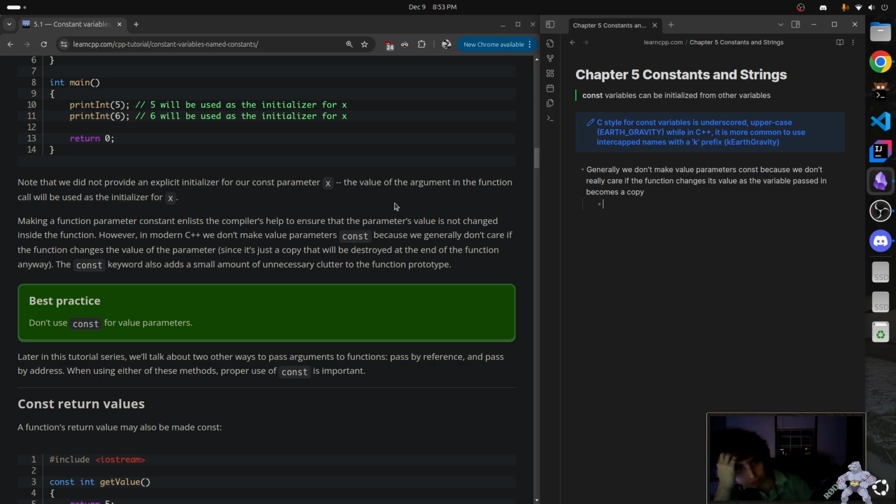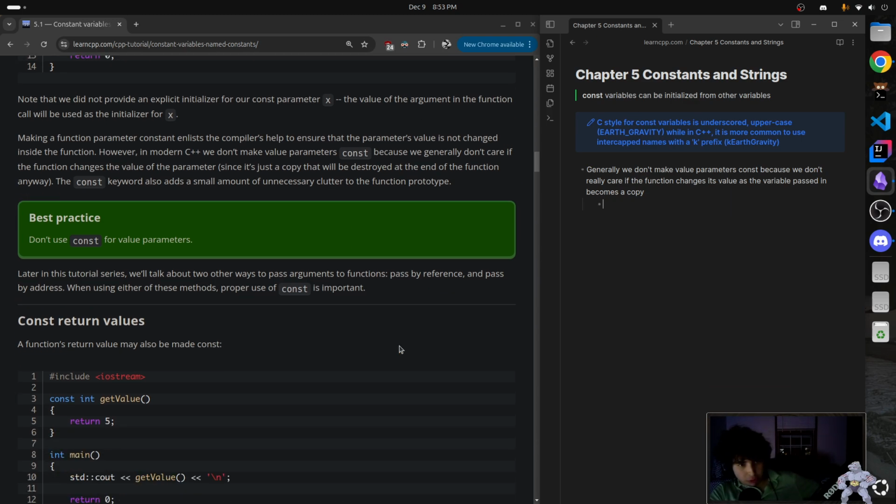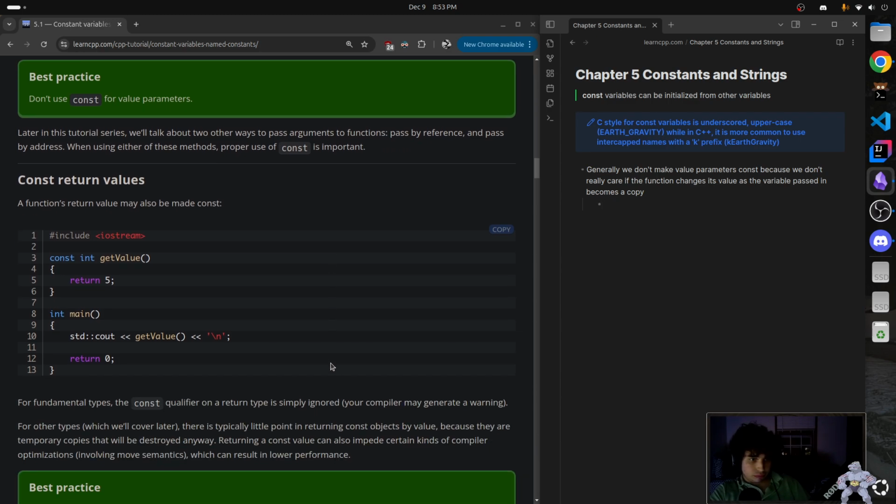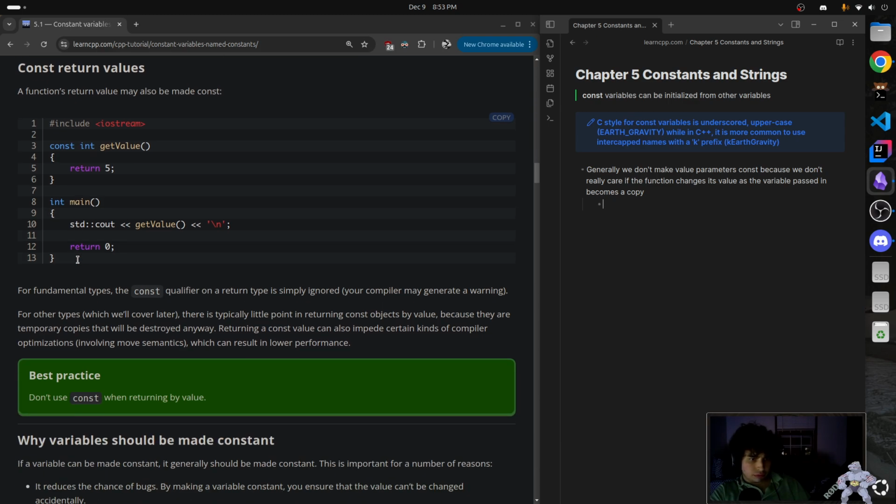Got it. We'll talk about two other ways. Proper use. That makes sense. Okay. What does that even mean? Don't use const when returning by value. Ignored. Okay.